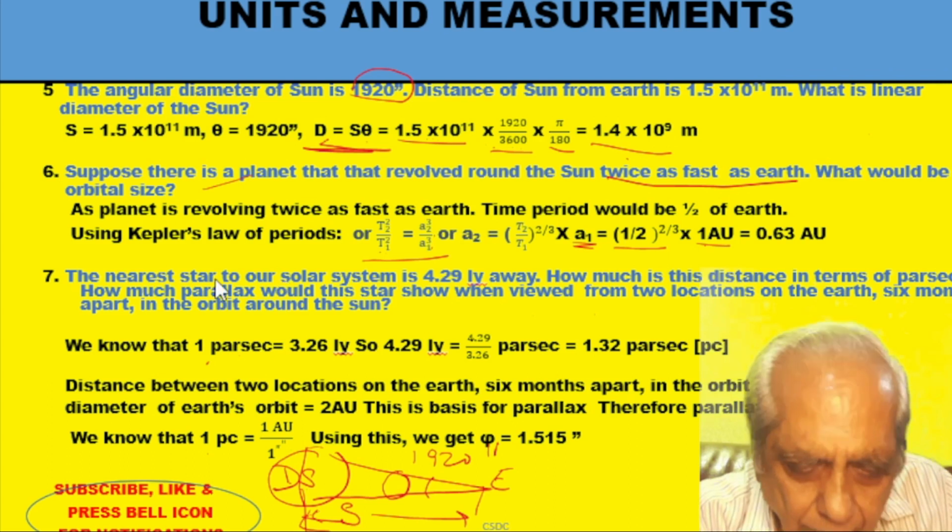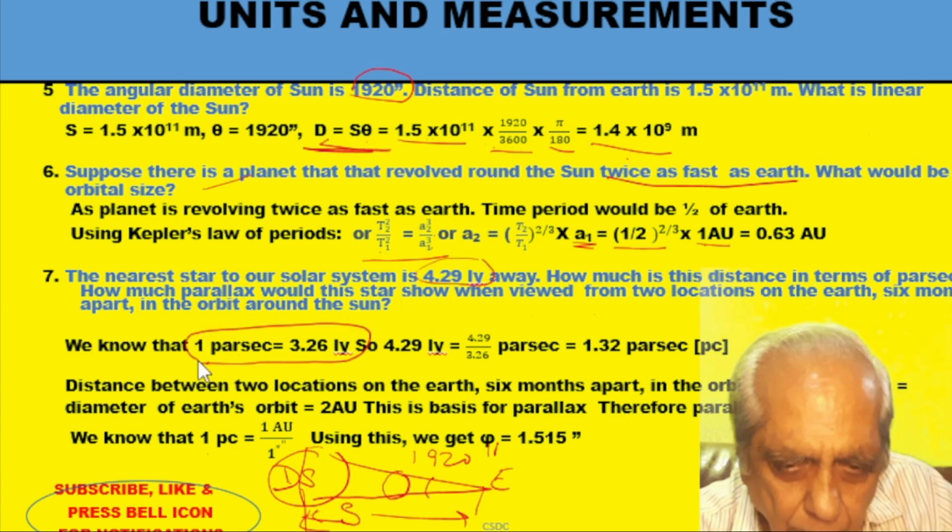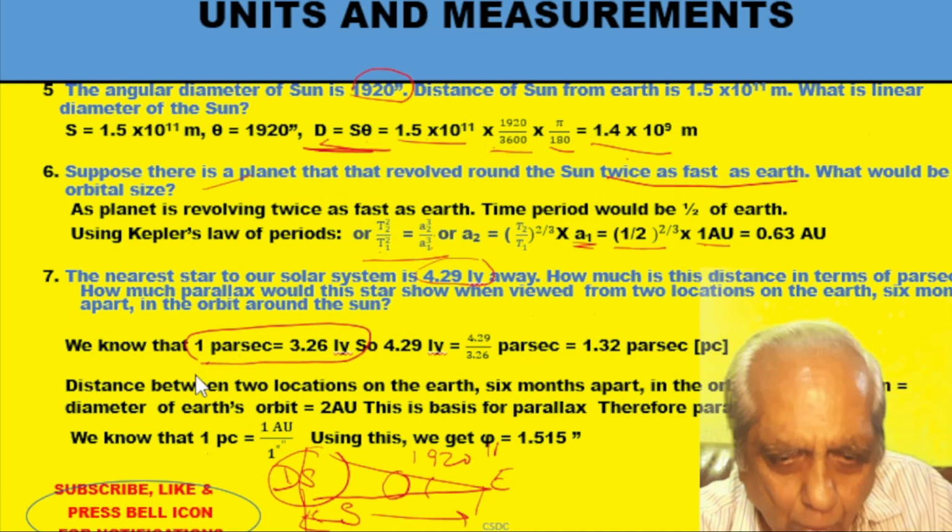The nearest star to our solar system is 4.29 light years. This is the nearest. How much is this in terms of parsec? So I know 1 parsec is 3.26 light years. So 1 light year would be 1 upon 3.26 parsec.